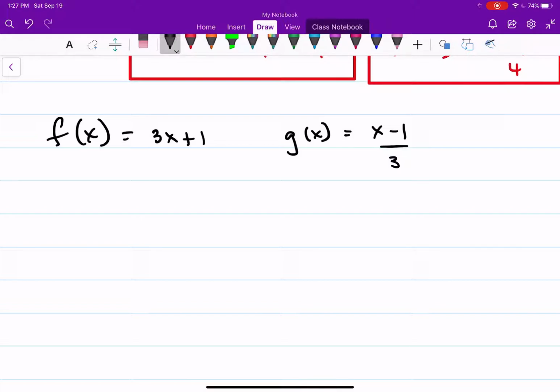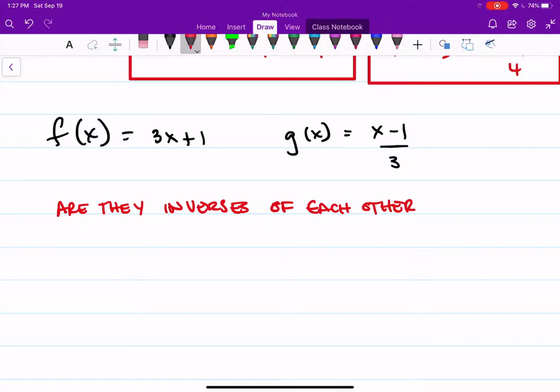Okay, so in other words, is g of x the inverse of f of x, and is f of x the inverse of g of x? That's what's asking, right? Are they inverses of each other?